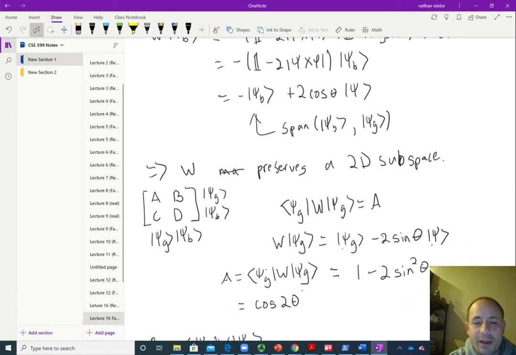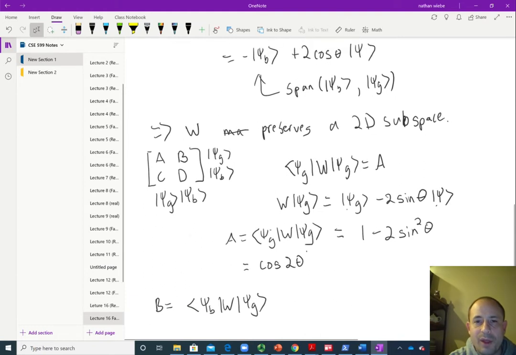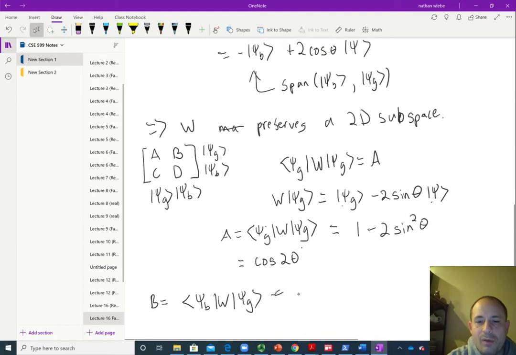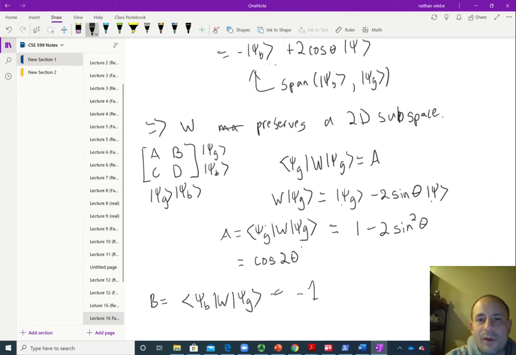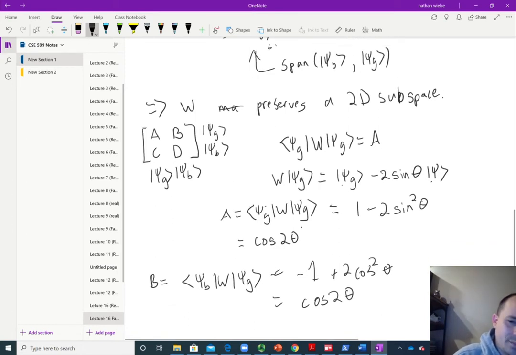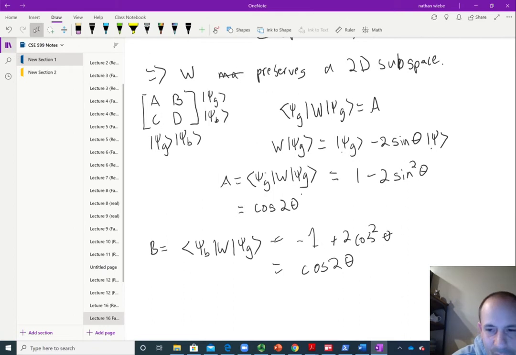What we end up getting when we do that inner product is minus 1 from this part plus 2 cosine squared theta, which you can see is actually equal to cosine 2 theta. Or, sorry, that isn't cosine 2 theta. This is actually sine 2 theta.